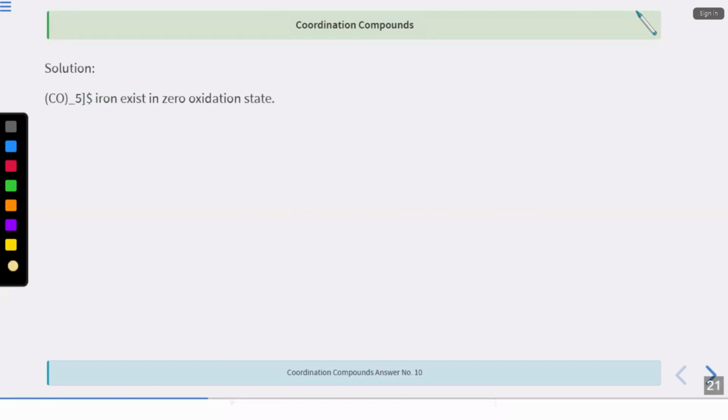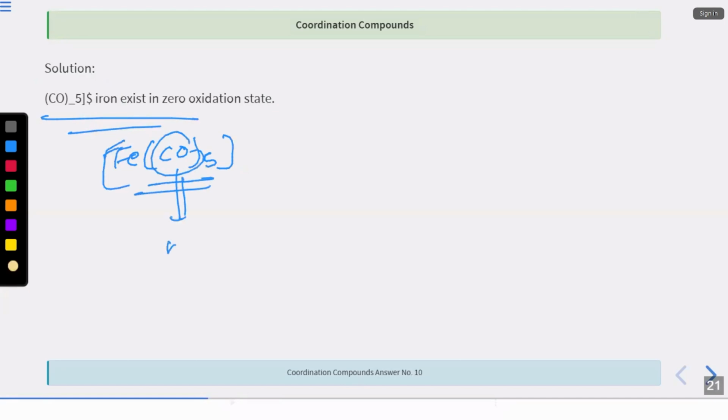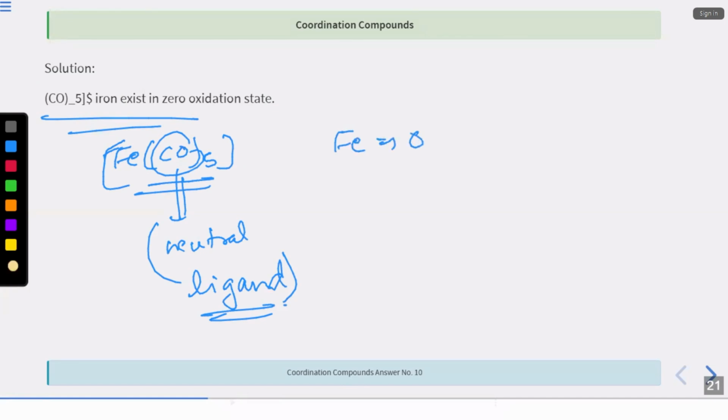Pretty simple one. So this is Fe(CO)5. Here it is in zero oxidation state because CO is a neutral ligand. So Fe would exist in zero state here. Cool.